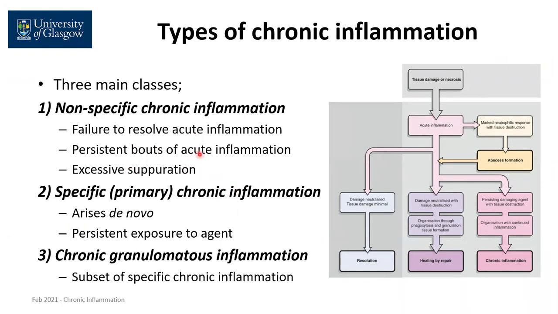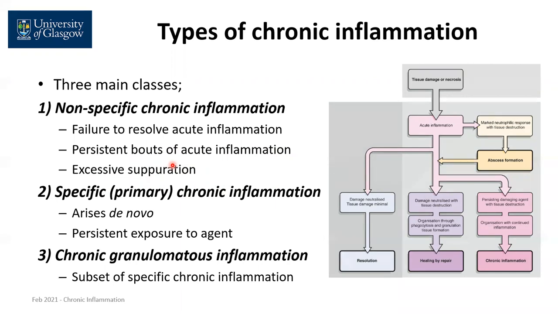Generally speaking, this is persistent bouts of acute inflammation, and in certain cases, depending on the disease, this can be excessive formation of abscesses. And a really good example for non-specific chronic inflammation, and we'll come on to talk about this in a few slides, is the shift from gingivitis into periodontitis.